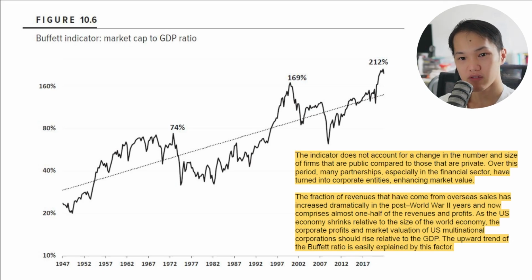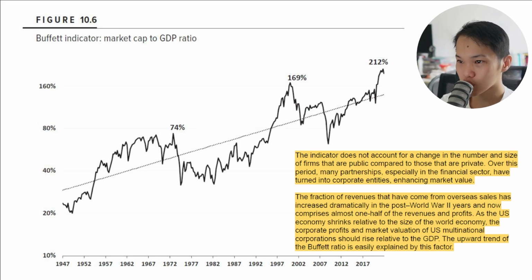So if you look at the trend, over time there's a larger and larger percentage of revenue and earnings contributed by consumers outside of the US. This is not recorded in the GDP, but it's recorded in the corporate earnings of US firms. So that's why it boosts the market cap of all these companies, but it doesn't boost the GDP. If you account for that, it explains why this Buffett indicator is getting higher and higher.